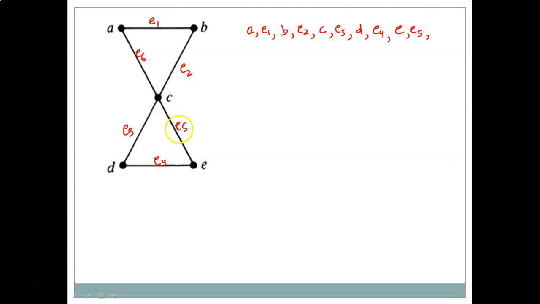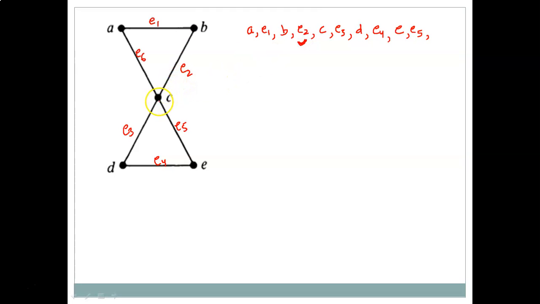Now, after traversing through E5, we arrive at vertex C. Now again at vertex C, we have two choices, either to go back through E2 or we should move along E6. But if we go back through E2, then this edge will be traversed two times because we have already traversed through this edge E2.